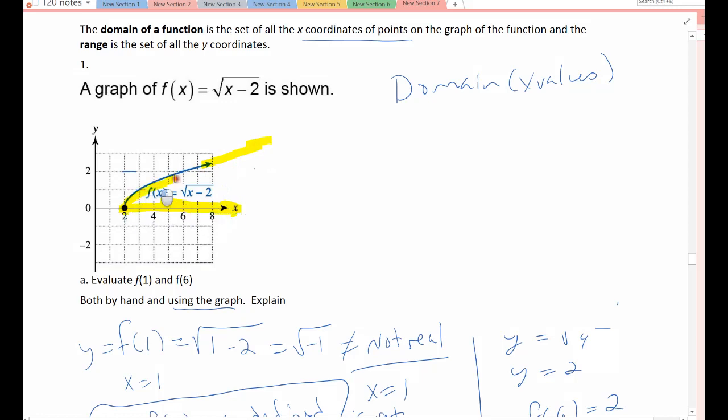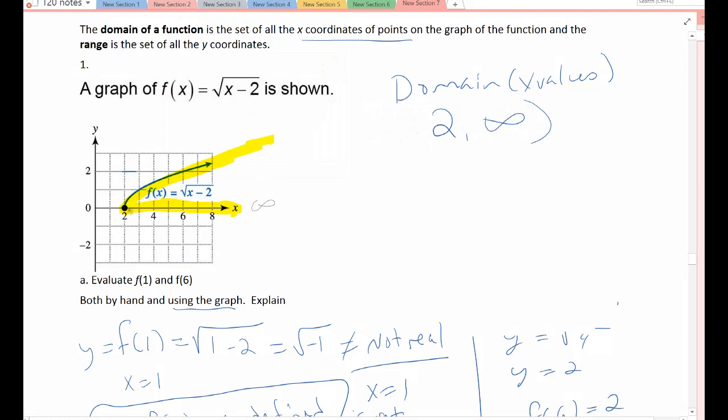And so all of the x values that are on my function, all of the points that have x values on my function, start at 2, and then they go forever. They shoot off to infinity. And so the domain, if I use interval notation, starts at 2, goes off to infinity.